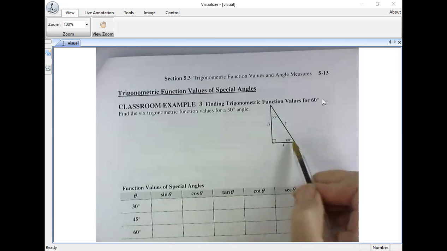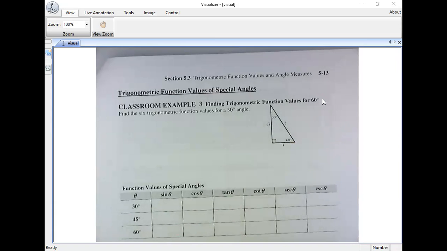And so here's what you want to keep in perspective. My longer side will always be across from the larger angle. Okay, now in a right triangle, does it make sense? That's why the hypotenuse is always going to be the longest side, because 90 degrees is going to be the largest angle inside that triangle.